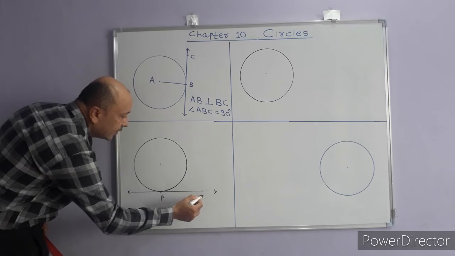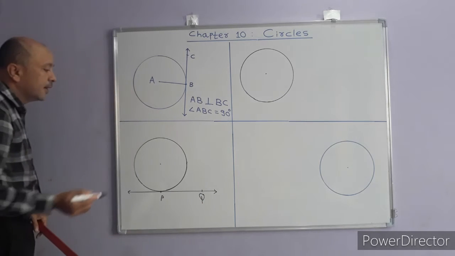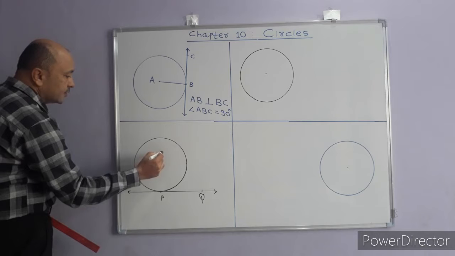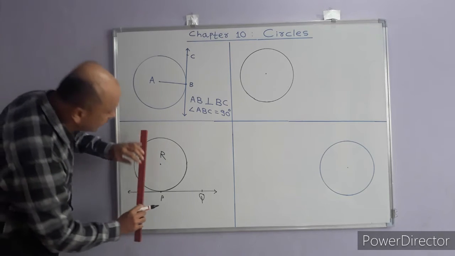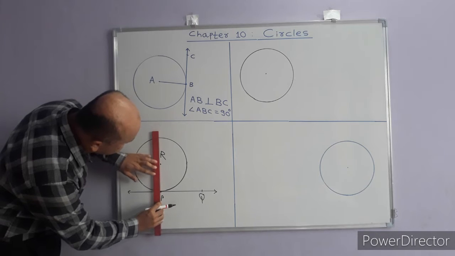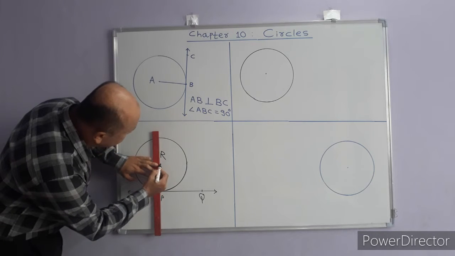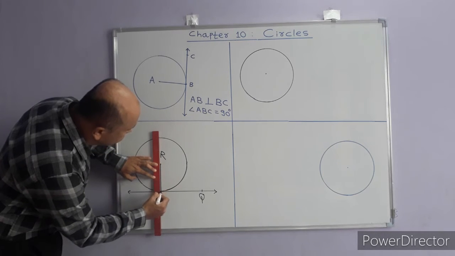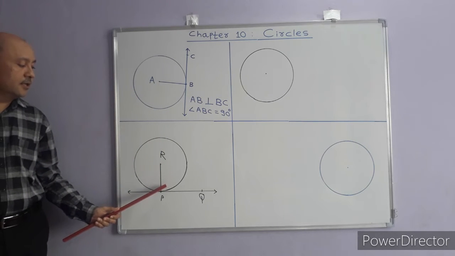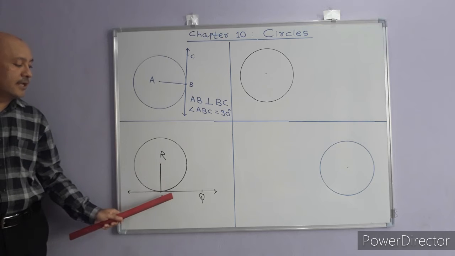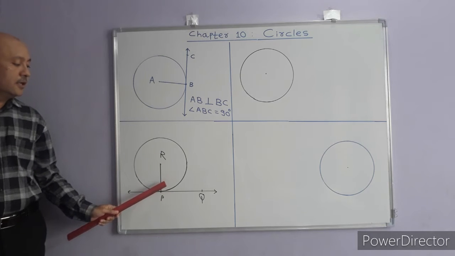Any other point if you take, it is Q, and R is the center of the circle. Then from the point of contact we draw the radius. If you draw this, then the angle at the point of contact where the radius and tangent meet is perpendicular.